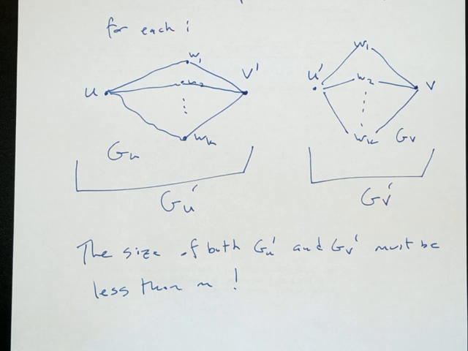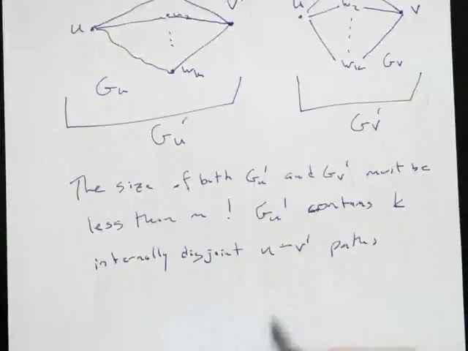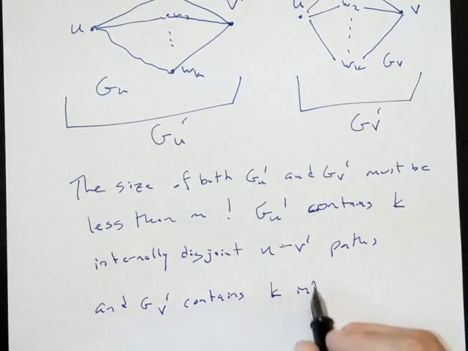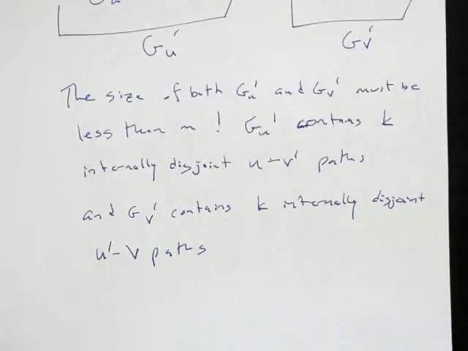You have internally disjoint paths from U to V. But every path that goes to V prime, the last edge in it goes from WI to V prime.